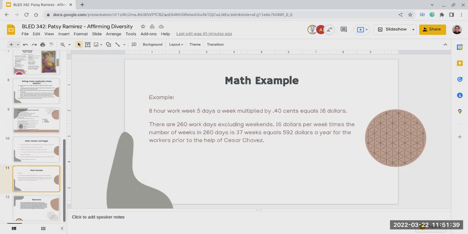And then you would turn the work days into weeks, which is about 37 weeks. And then you would multiply 37 times 16, which is how much they make per week, and you would come up with $592 for the year.